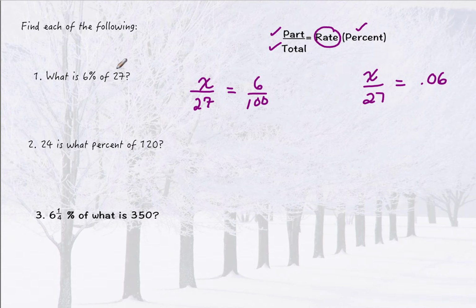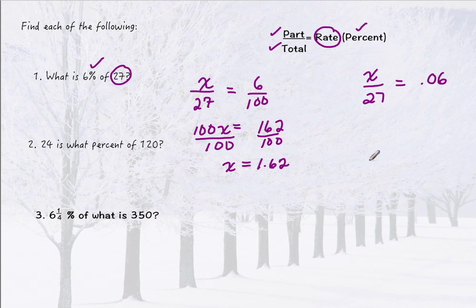So in other words, this is like saying I've got $27 and I'm going to give you 6% of my money. You can then cross multiply and solve from there. $1.62.